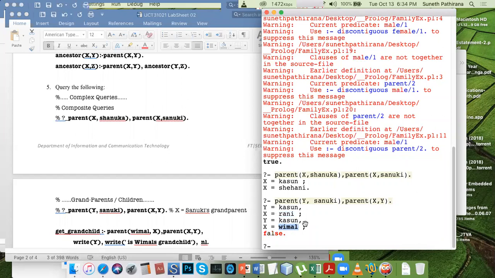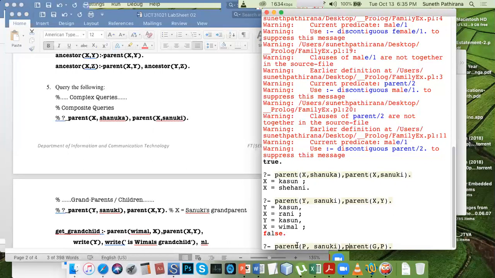Rani and Vimal. Okay, if I write the same with less confusion, X is going to be the grandparent. Okay, grandparent, so I denote G. Y is going to be the parent.